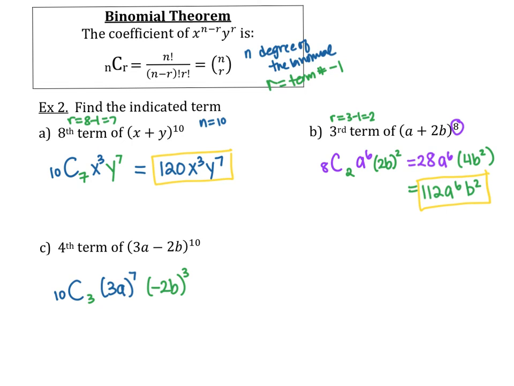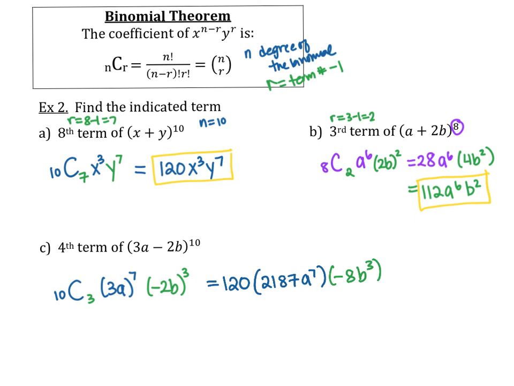I'm going to use my calculator to evaluate this one. 10 choose 3 is 120. Now 3 to the 7th, I'm putting in my calculator, is 2187, a to the 7th, and negative 2b to the 3rd. Negative 2 to the 3rd is negative 8, b to the 3rd.